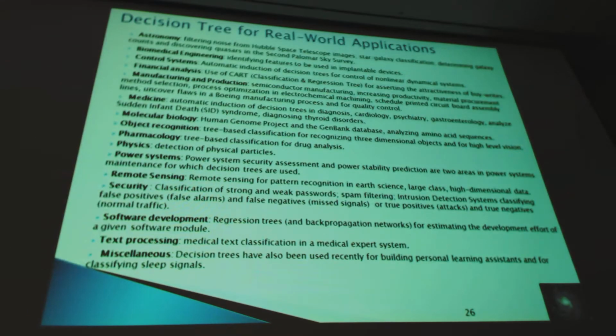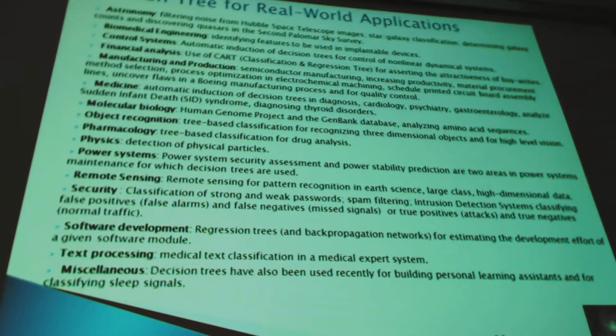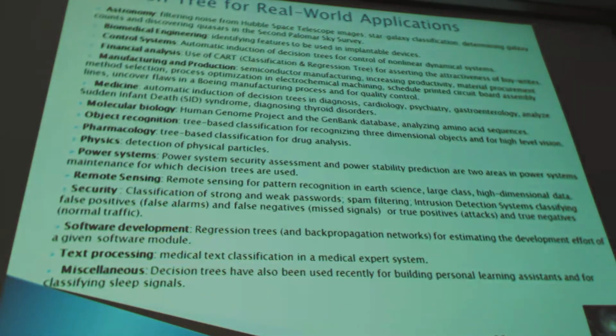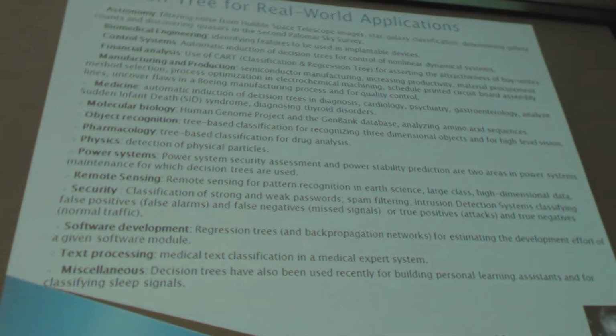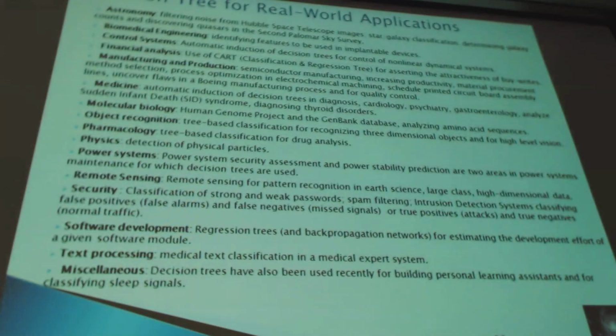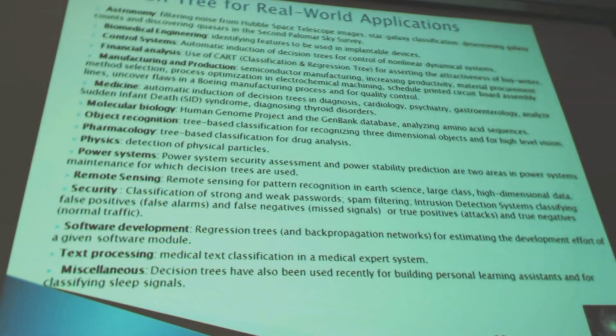These are some of the real-world applications which are using decision trees today. One is in astronomy, where decision trees are used to filter noise from cosmic ray hits in Hubble Space Telescope images. They are used for star-galaxy classification. In biomedical engineering, decision trees are used to identify features in implantable devices.